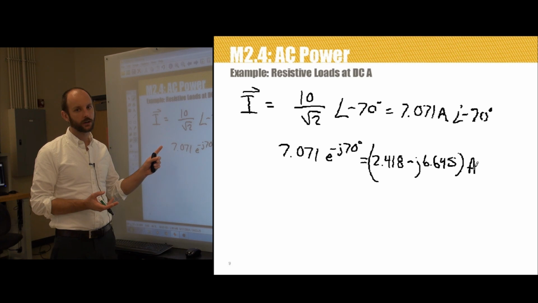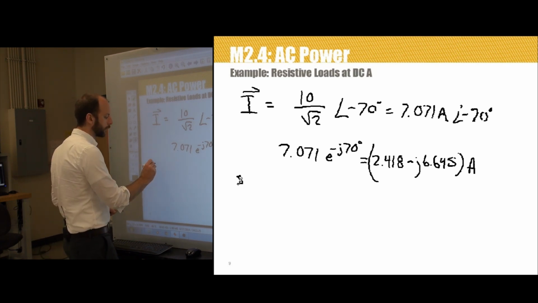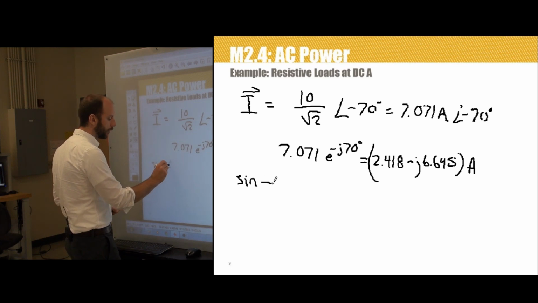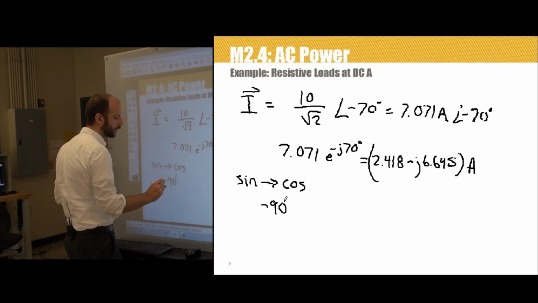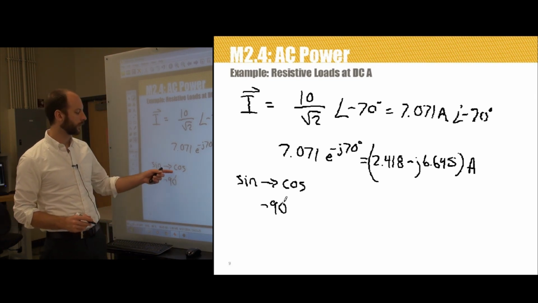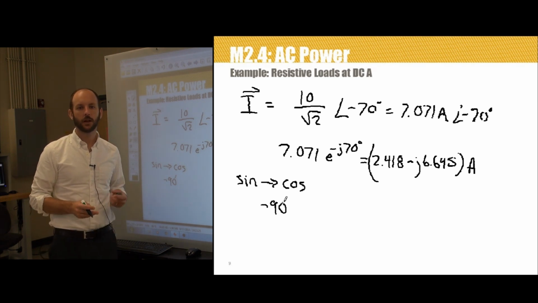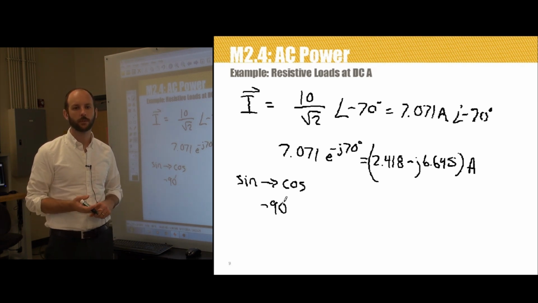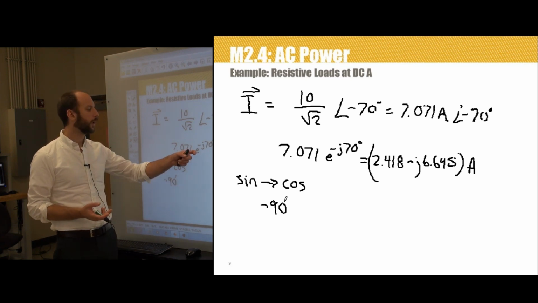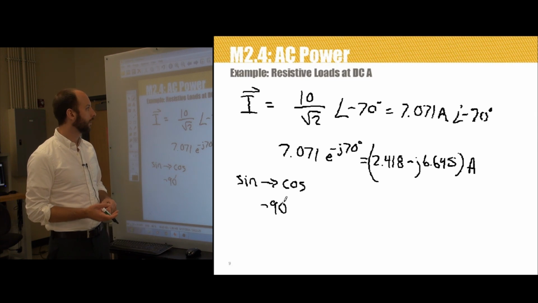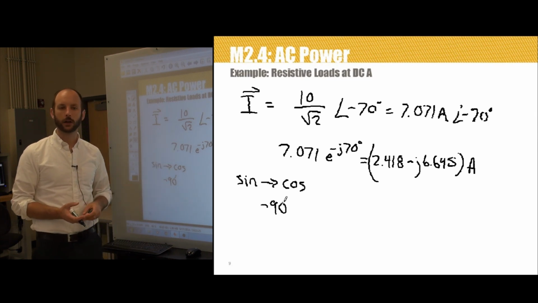Remember, we were at plus 20 degrees in the sine, but to go to the cosine, we had to subtract 90, since they're 90 degrees out of phase. So 20 minus 90 is negative 70, and the sine function is going to have this phase shift included in it. When we're using the phasor format, we have to be in cosine waves.